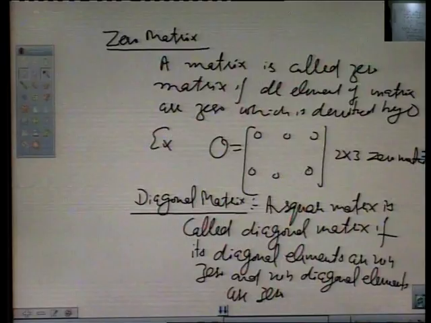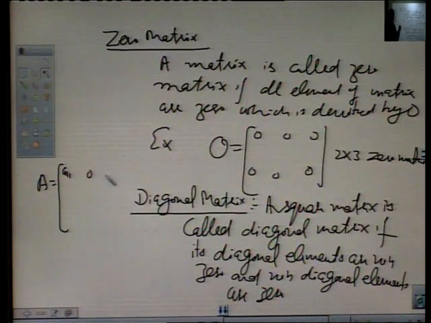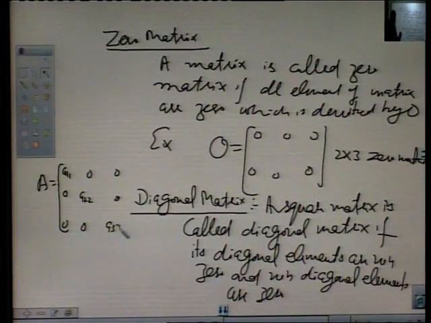Non-diagonal elements are 0. For example, A11 0 0, 0 A22 0, 0 0 A33. All the diagonal elements of this matrix are non-zero and non-diagonal elements are 0.